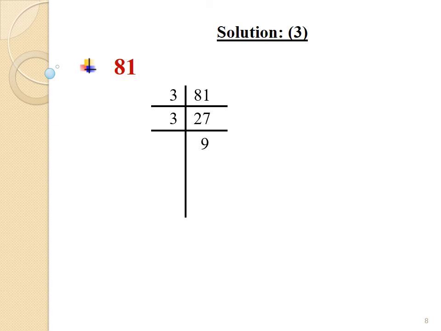Now, dividing 9 by 3, we get 3. Now, dividing 3 by 3, we get 1. As we obtain 1, so now we have to stop dividing. Thus, prime factorization of 81 equals to 3 multiplied by 3 multiplied by 3 multiplied by 3.